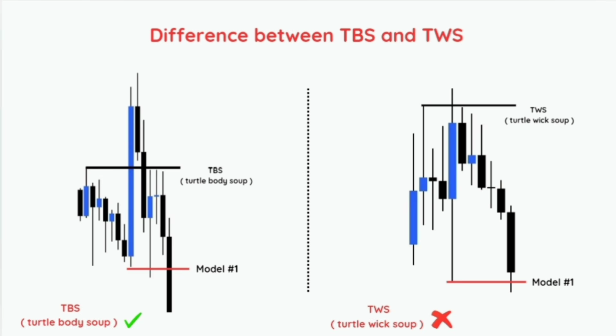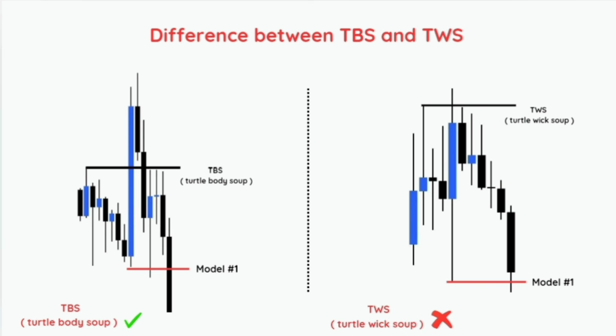At this moment, I need to tell you all one thing: don't use TBS and TWS on the higher time frame, where you are going to choose your CRT candle with your key level.